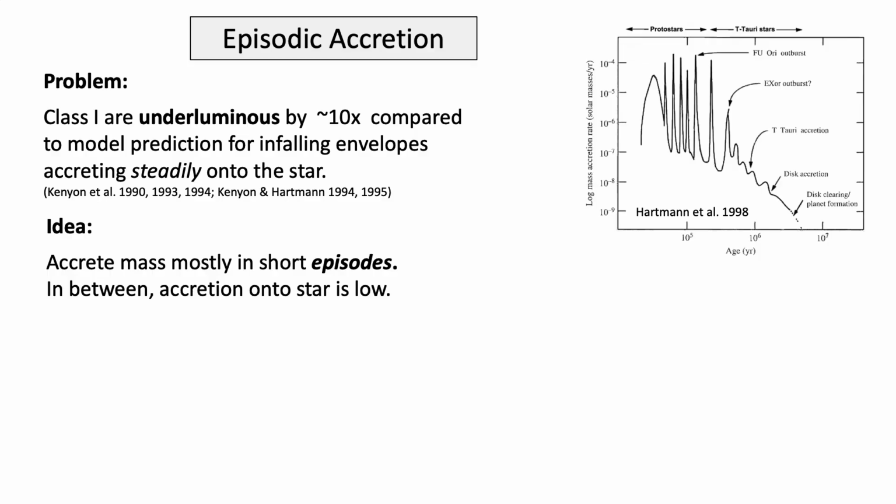So the idea would be that in time, this is the logarithm in time axis, this is the protostar class 1 phase, first million years maybe, or a bit less. That we have accretion, that's the accretion rate here, that we have episodic accretion, bursts of accretion where a lot of mass falls down on the star for maybe tens or maybe hundreds of years, and then it's turned off and we have very little accretion.